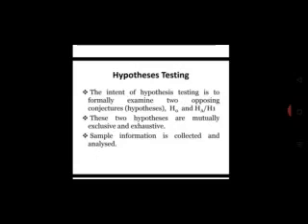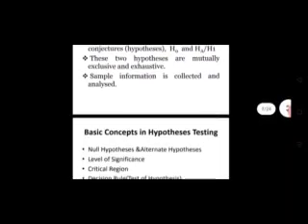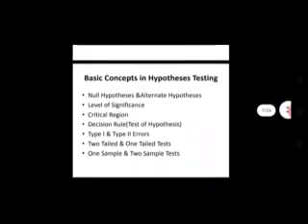These two hypotheses are mutually exclusive and exhaustive. Sample information is collected and analyzed. These two hypotheses are the opposite hypotheses to one another. And they are accepted or rejected after data collection and data analysis.